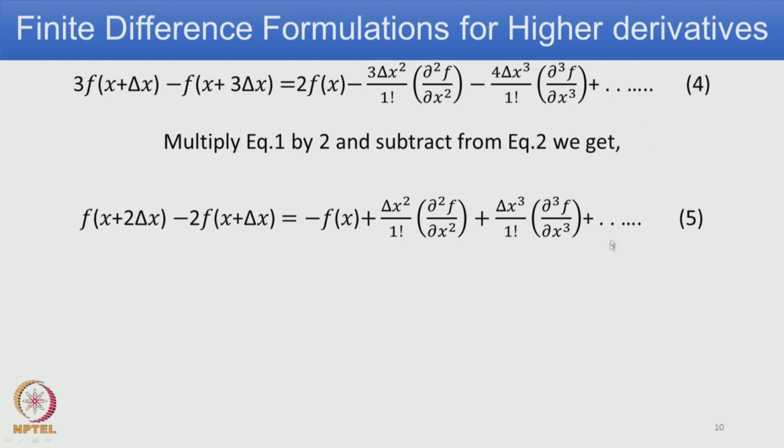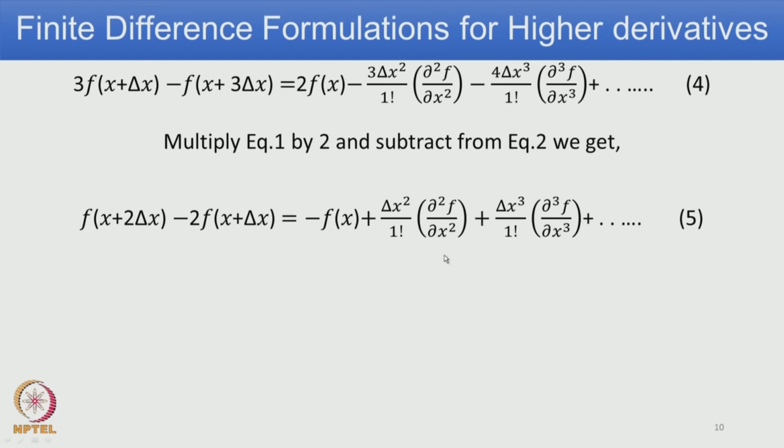Now, between 4 and 5 again we have to do a small arithmetic operation. We are only interested in the third derivative term, that is dou cube of f by dou x cube, and that is appearing in both equation 4 and 5. The second derivative term appearing in equation 4 and 5 needs to be removed.